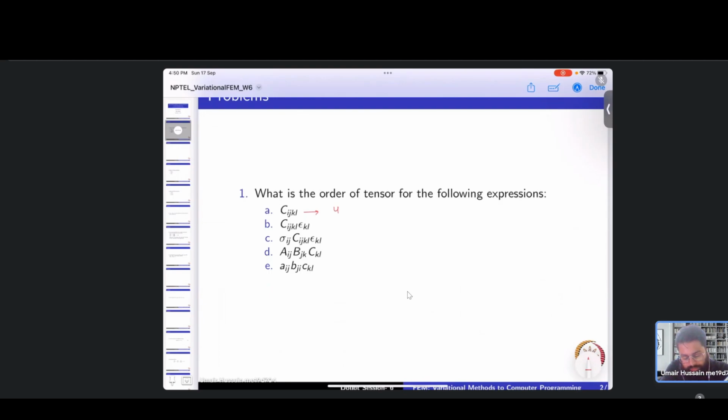Then next we have Cijkl epsilon KL. Here we see the repetition of K and L. So both K and L are dummy indices. So we have only I and J as the free indices. So now the order of tensor is 2.